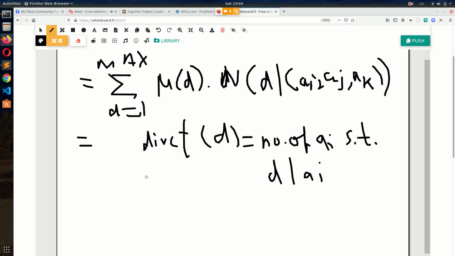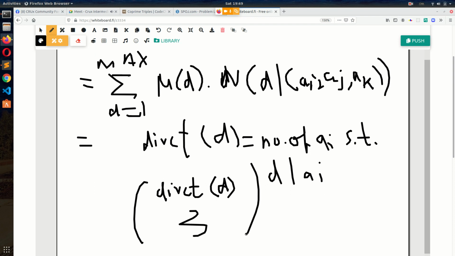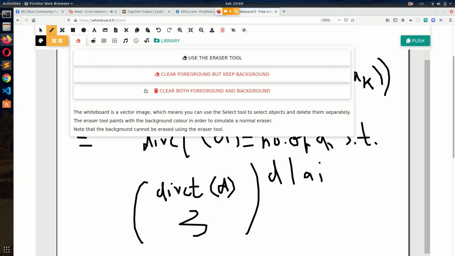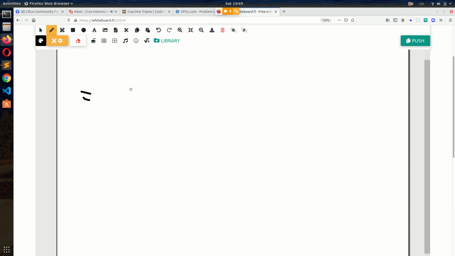And it's pretty easy to see how we can choose triples from this. It's simply diff ct of d C3 here. Everyone clear so far? So this turns out to be a very simple sum actually.